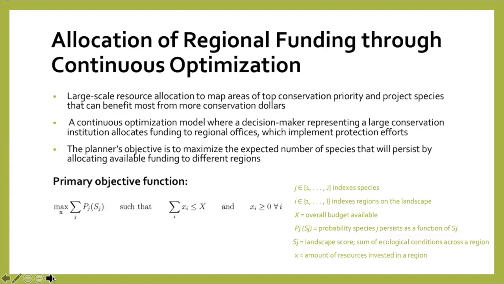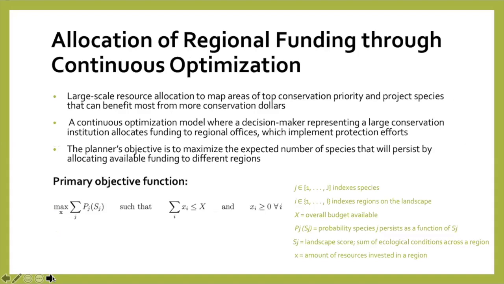The last application of optimization programming we chose to explore is one that uses a continuous optimization approach. Essentially, a bargain hunting tool, this algorithm identifies regions where conservation efforts can have the highest impact per dollar. Building on traditional spatial optimization approaches, the decision variable here is continuous, as the amount of funding allocated is not represented by a binary yes or no decision.